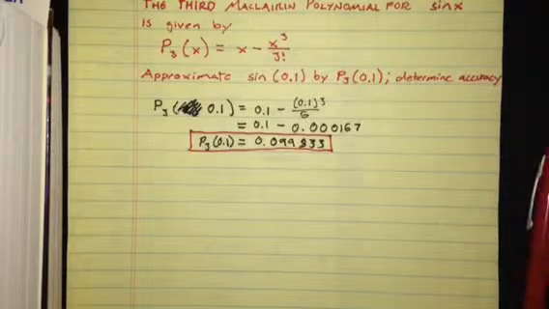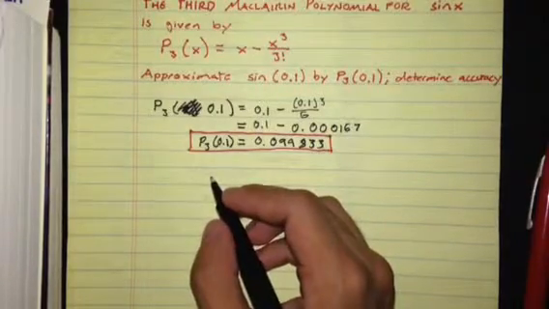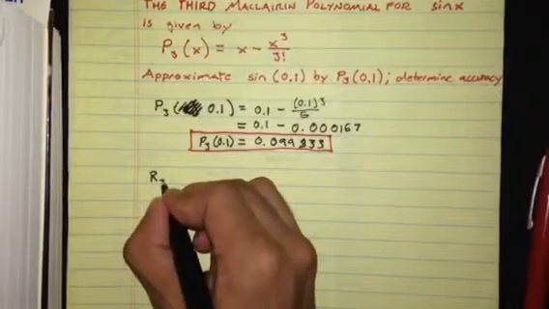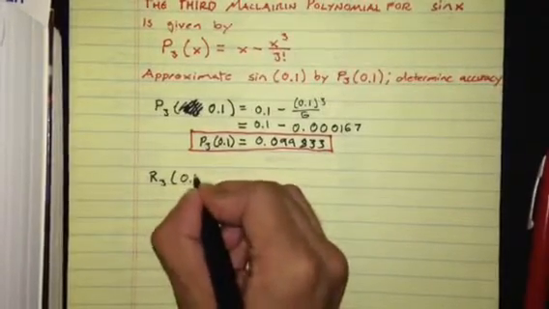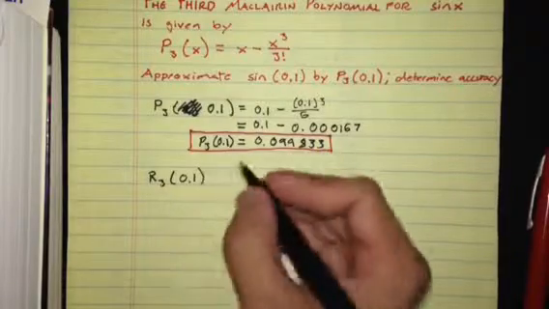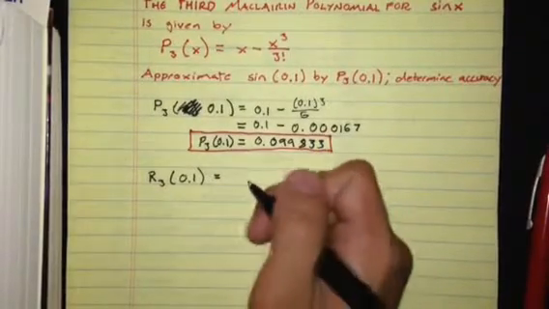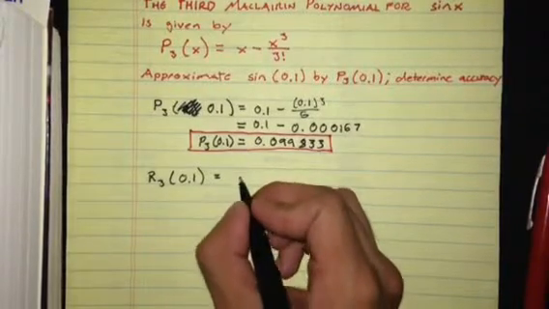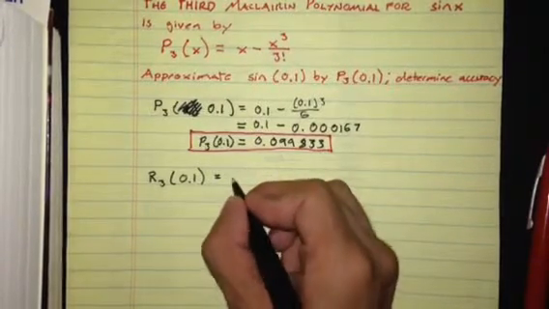Okay, so now we're going to find the remainder, r sub 3 of 0.1. Remember the equation for the remainder.